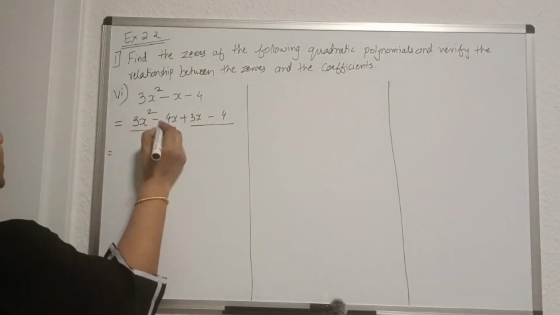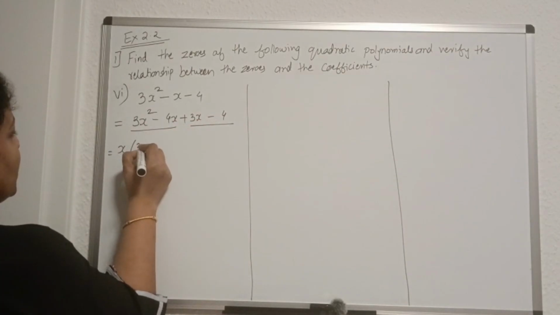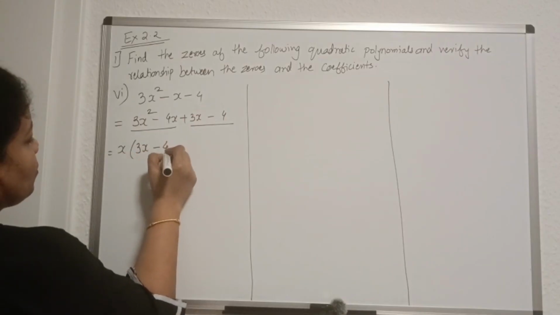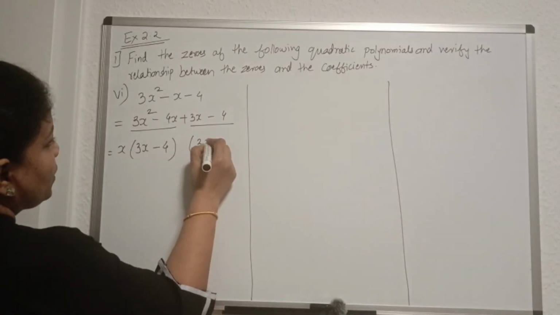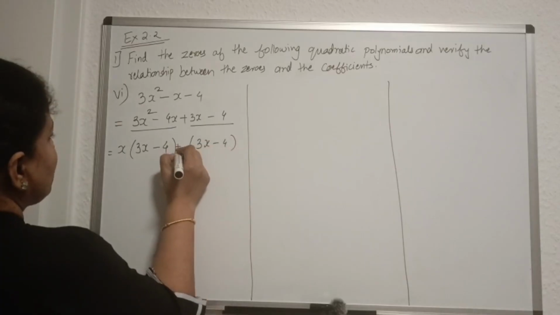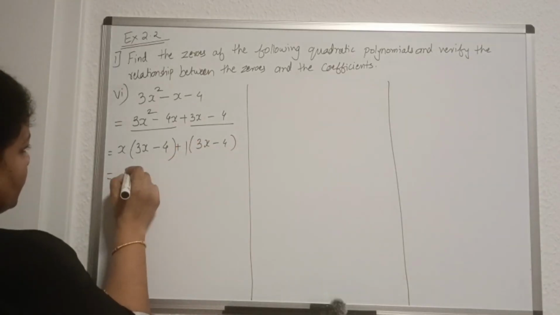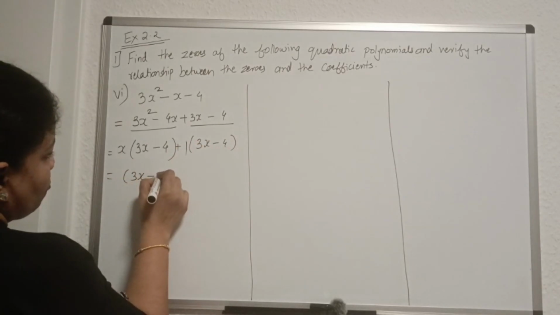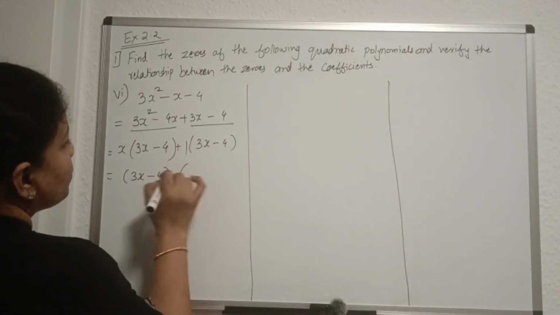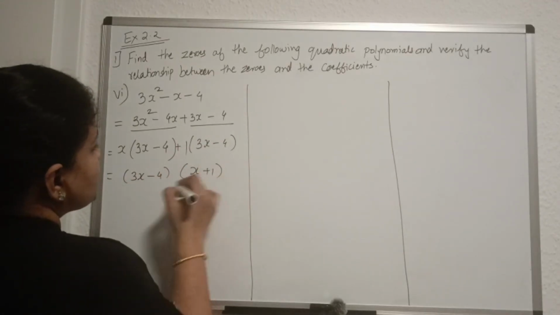You can take x common from this. You will get 3x minus 4 inside. One more 3x minus 4 I can see, so it's plus 1. 3x minus 4 and x plus 1 are the factors.